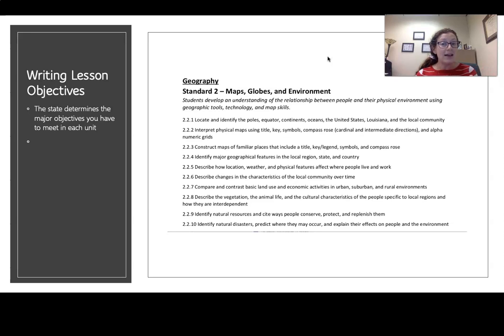And then when you get towards the end of the unit, you could identify natural resources and cite ways people conserve, protect, and replenish them. Or you can identify natural disasters and predict where they may occur and explain their effects on people and the environment based on where they're located on a map. So this is a great unit, and this is showing you those sub-objectives for the unit itself.